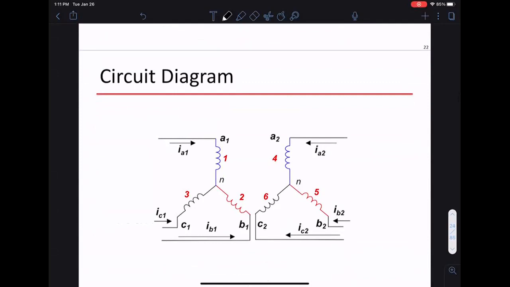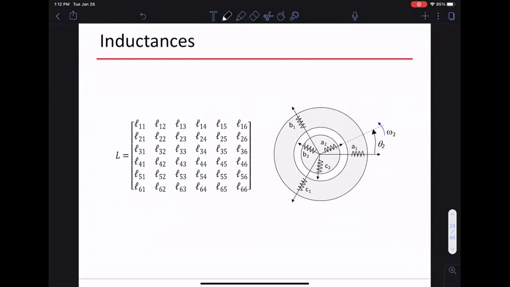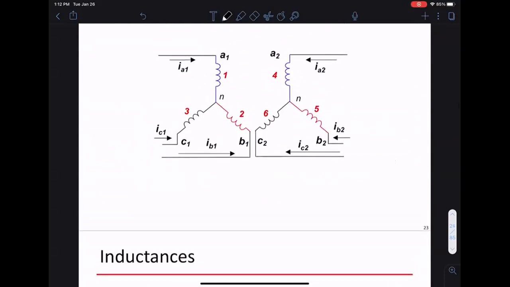So we basically have 6 elements we have to look for. When you do this kind of circuit analysis, you want to look at the current through each inductor. There are 6 of them. So what you end up worrying about is what this matrix looks like.